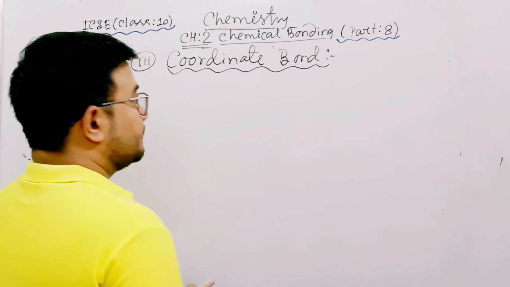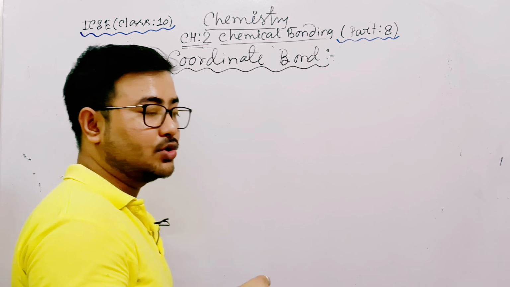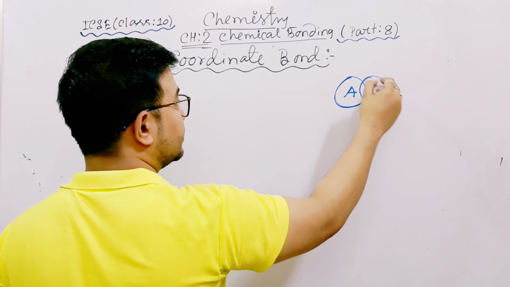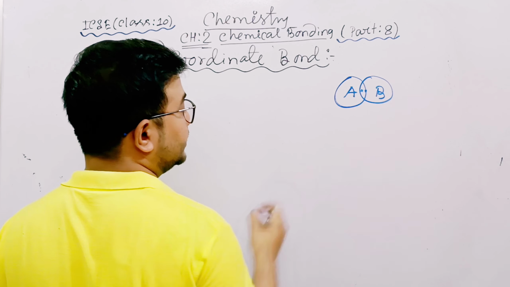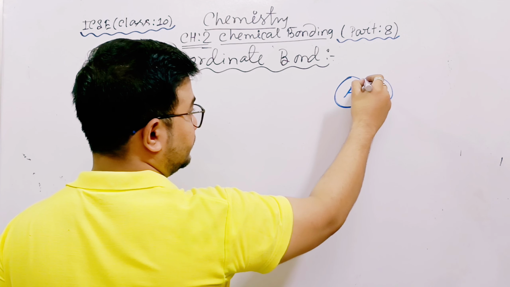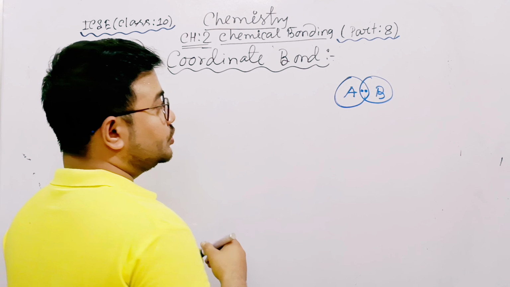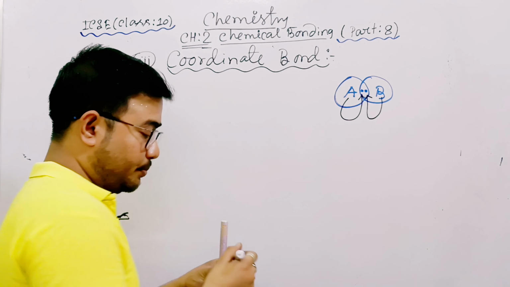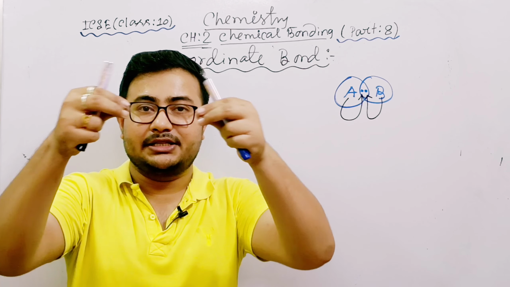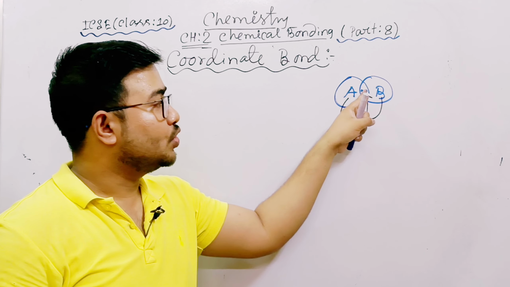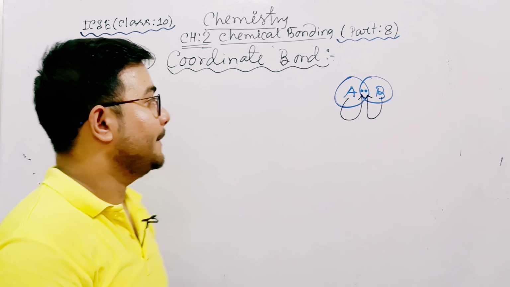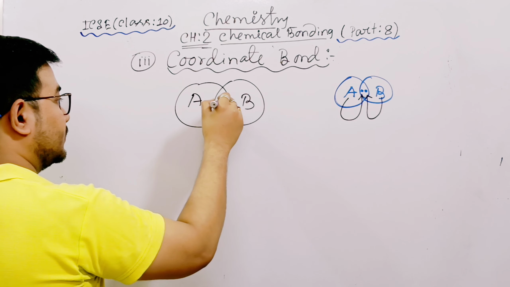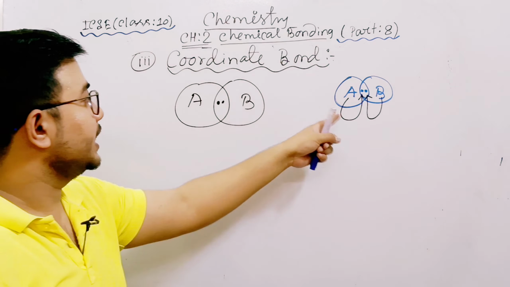Suppose, first tell me what is a covalent bond. Covalent bond means two atoms are there, and suppose two electrons. So two electrons from where? One from A, another from B. So both the atoms share the electrons in the common space, and this common electron is used by both. But see, here also it is the same. You can tell me, sir, both diagrams are the same.